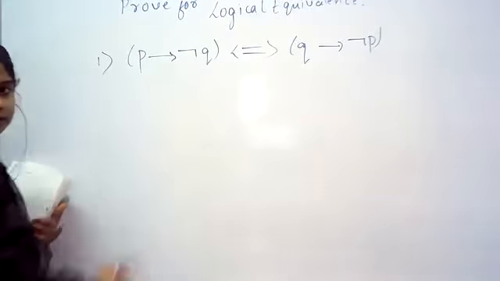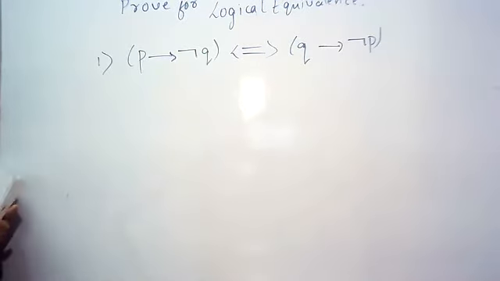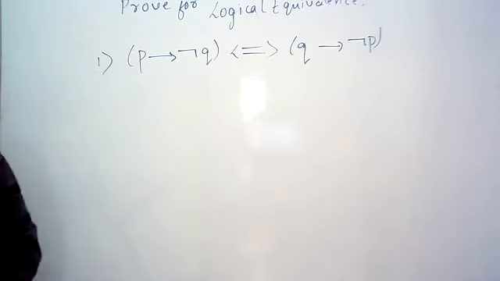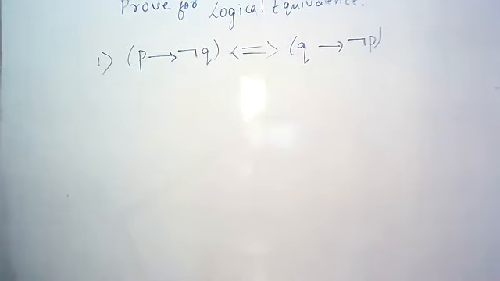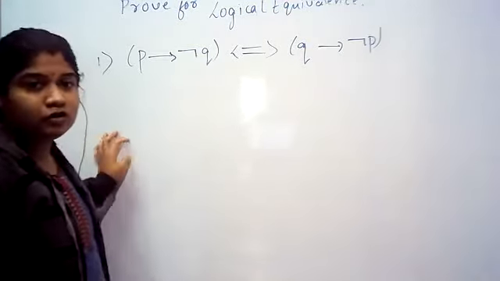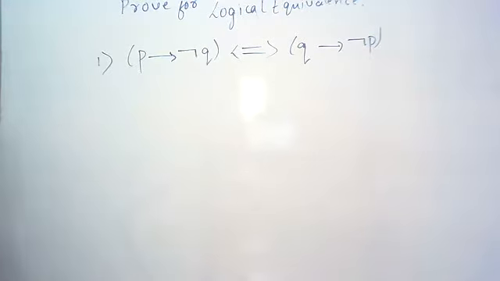Okay, here are two propositions. Proposition P, conditional of negation Q is logically equivalent to Q, conditional of negation P. We need to prove they are logically equivalent to each other. First and foremost, we need to see how many propositions we have.